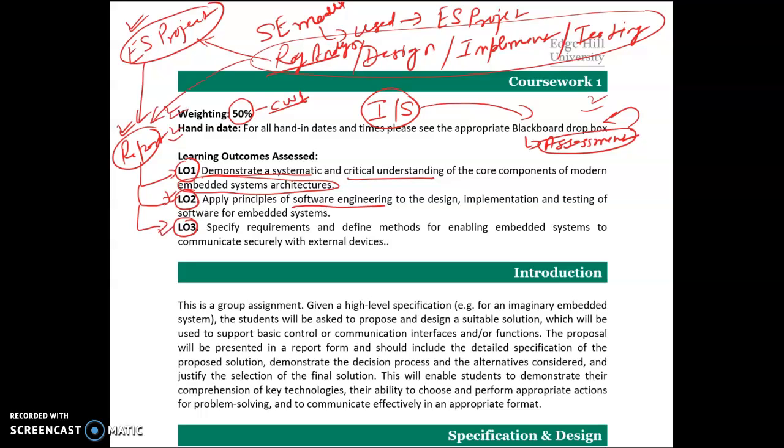And learning outcome 3 says that you need to specify the requirements and define the methods which will enable your embedded system project to communicate securely with external devices. So all in all, you need to cover these 3 learning outcomes in your report.